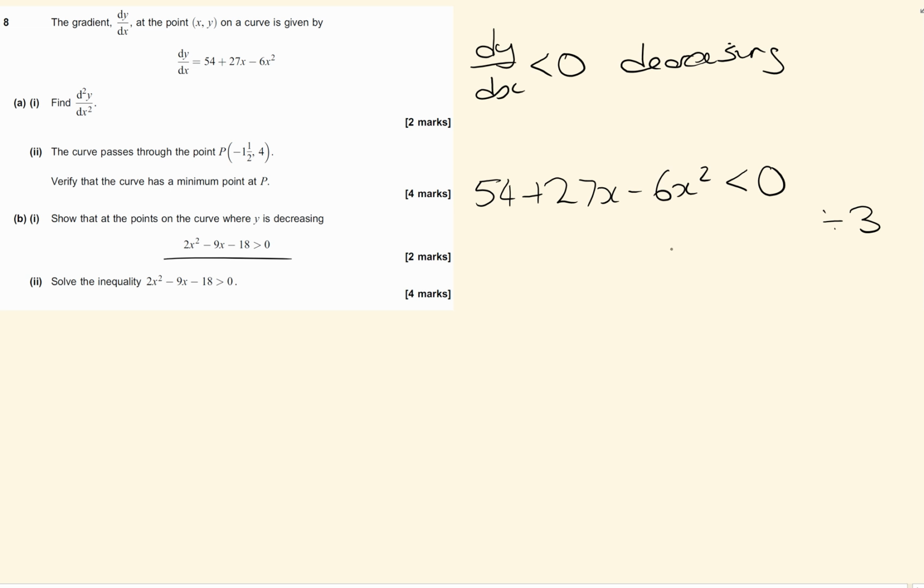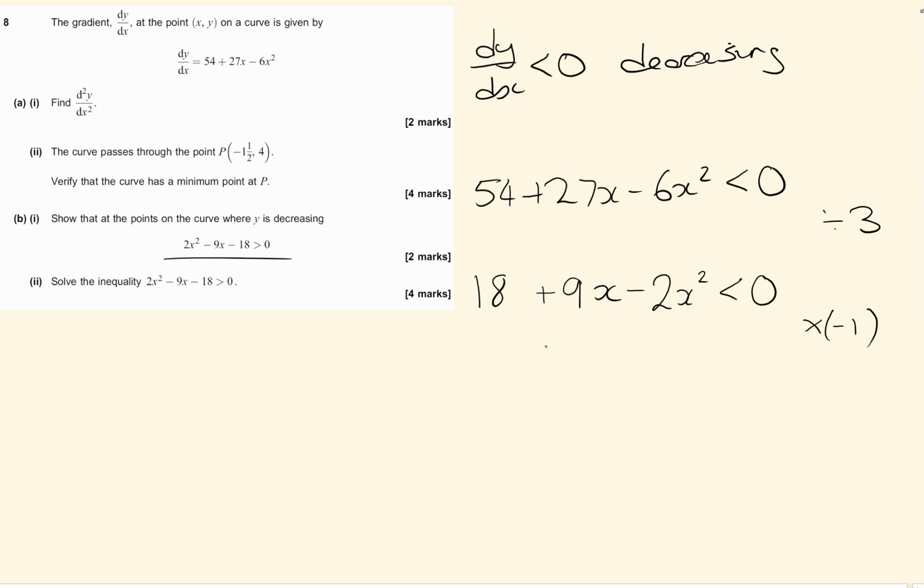So if we divide each thing by 3, I get 2x squared, I get a positive 9x, and 3's into 54 go 18 times. So I've got 18 there, which I can see is going to happen. I've missed that there should be a minus at the minute. And then I'm going to times through by -1.